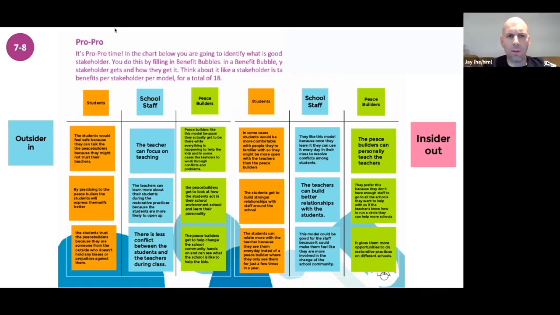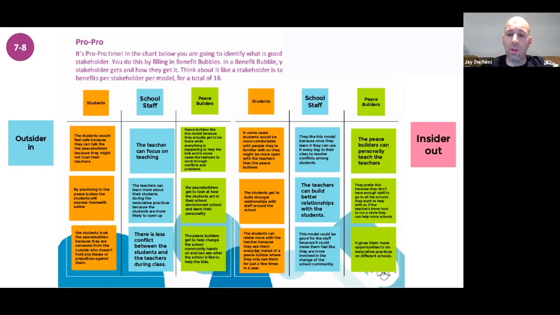Can I add to anything here, if that's okay? The reason I want to add is I actually did this challenge as well. What I'm seeing a lot of is, based on the empathy experiences we did with the classes and the materials provided, like the welcome letter, the students, when writing their benefit bubbles, are very much repeating what was in that empathy experience video, the welcome letter, and the videos from Peace Builders saying what their issues are.